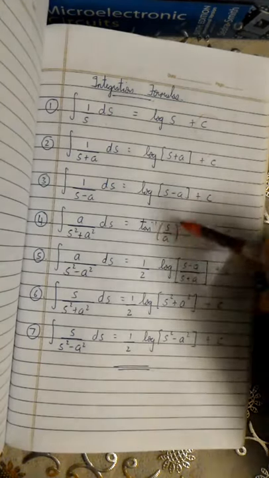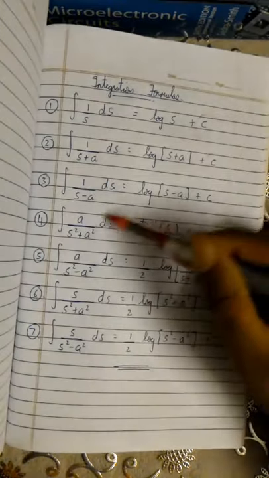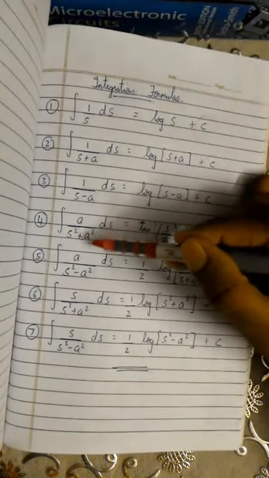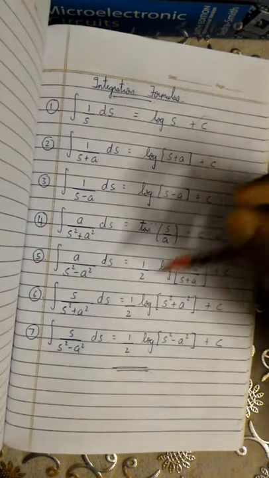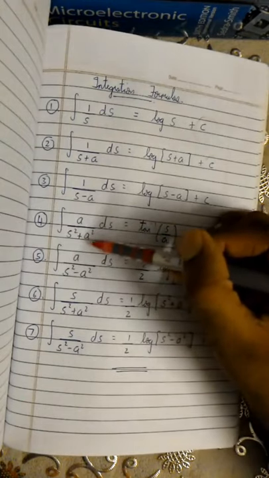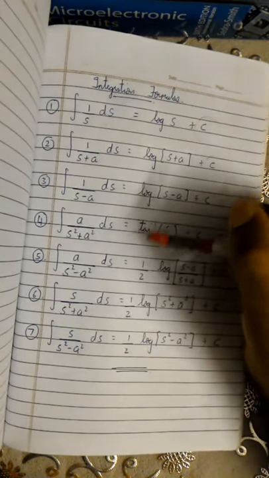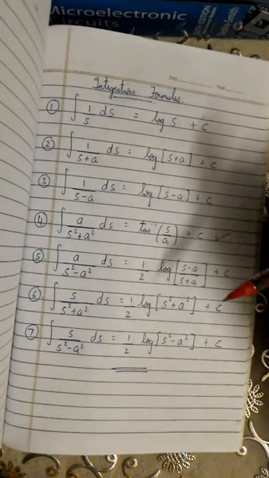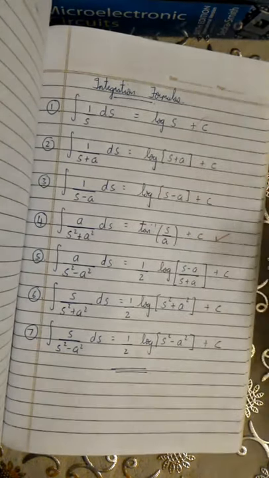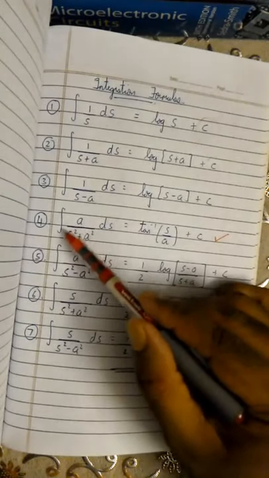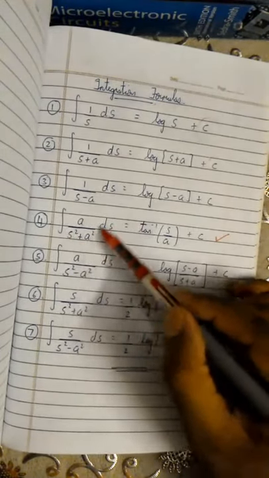This is the only formula you need to keep in your mind. You must have studied it like this: the integral of 1 by x square plus a square dx is equal to 1 by a tan inverse x by a. Same thing over here. You'll understand why I have used a by s square plus a square. You have already seen this in many places.